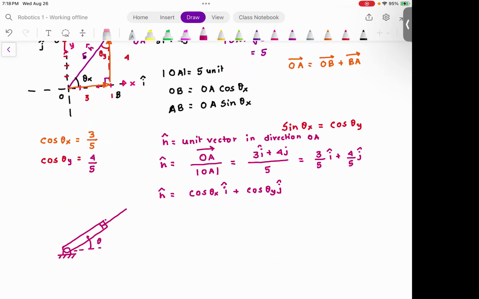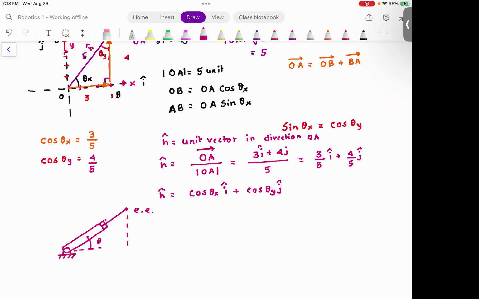And there are many ways you can come up with the equation for the location of the end effector. Now, for example, in this particular configuration, this is the end point. So this is called the end effector.